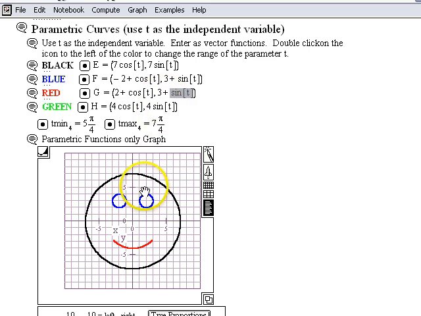So I need it to stay at 3. If I just delete this part right here, what I have is 2 plus cos t for x and just a 3 for y. So the x is going back and forth between 1 and 3, and the y value is just staying at 3, and you get that line segment. So there, I've got my winking smiley face.